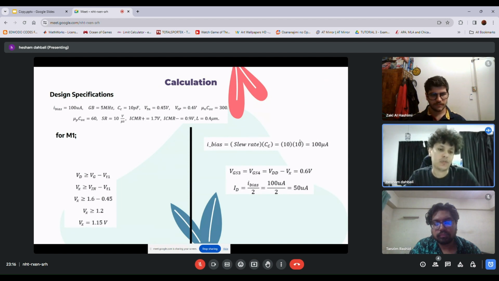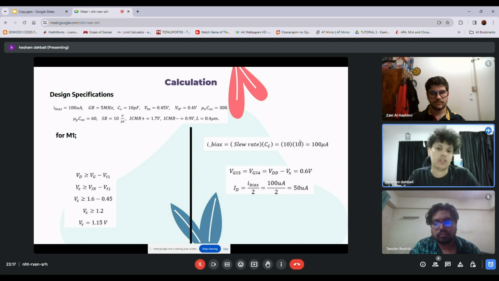The design specifications that we decided to go with: for our current mirror, we chose the I bias to be 100 microamps. The gain bandwidth, which is the frequency at which our amplifier will operate, is 5 megahertz. The capacitor at the output of the differential amplifier is 10 picofarad.